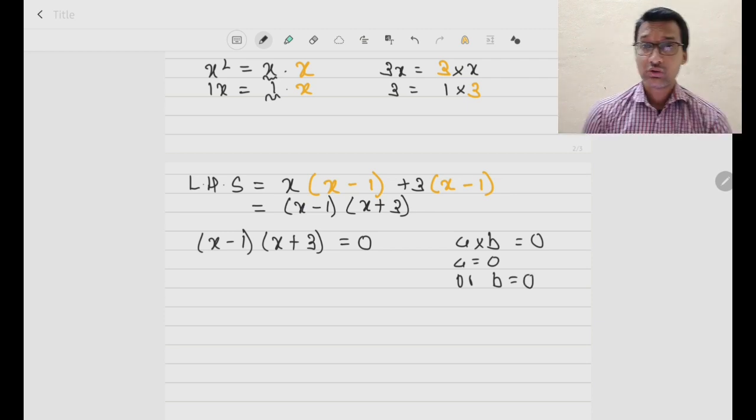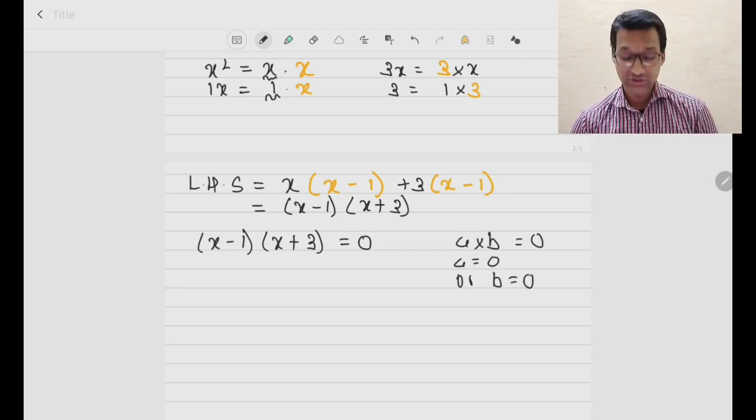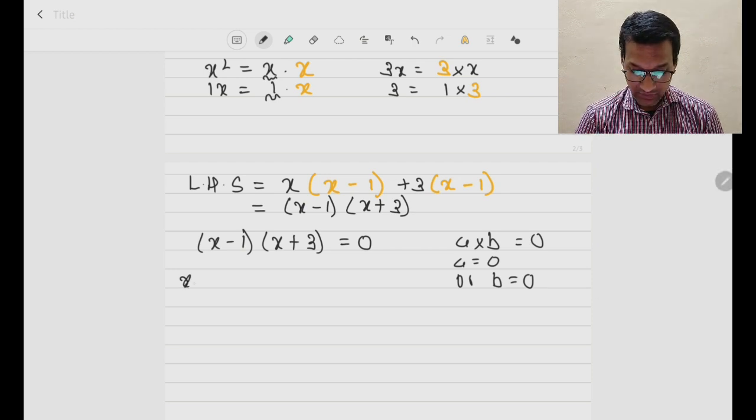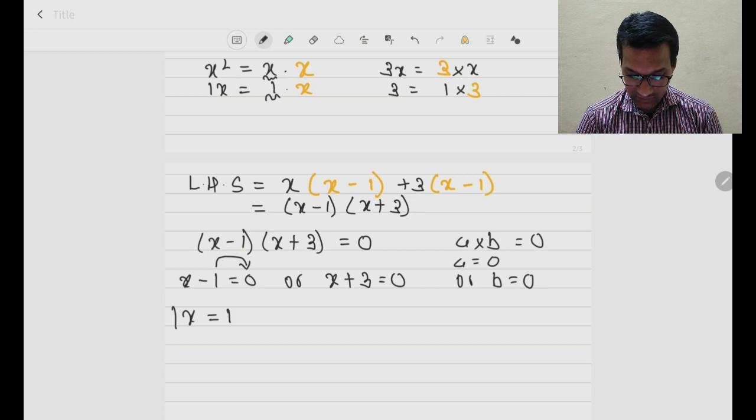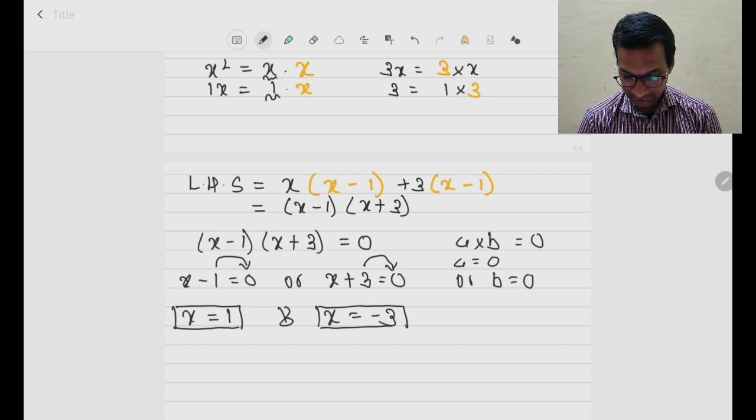Somebody must be 0 to give us the multiplication as 0. So we assume x minus 1 is equal to 0 or x plus 3 is equal to 0. Now we can transfer this 1 to the other side, and you will get x is equal to 1. This is one answer. If we transfer the 3 to the other side, we get x is equal to minus 3.